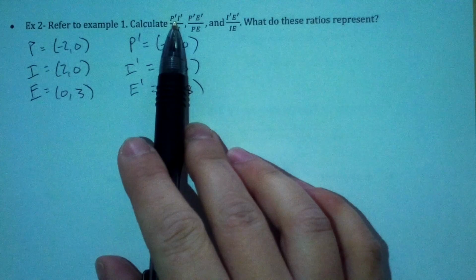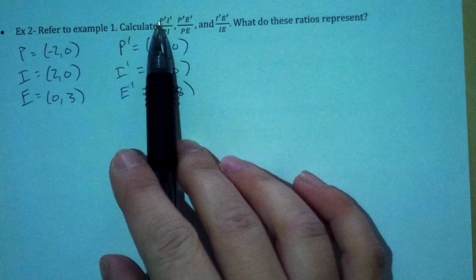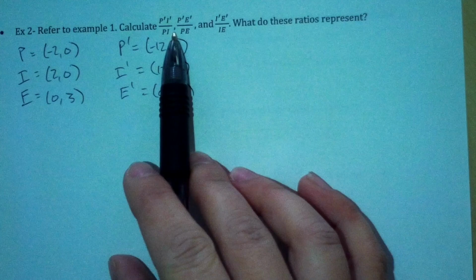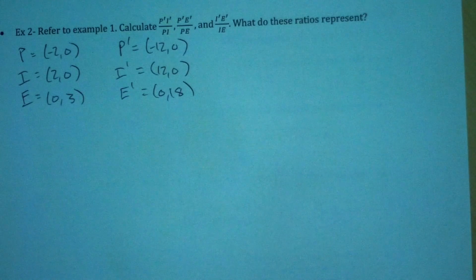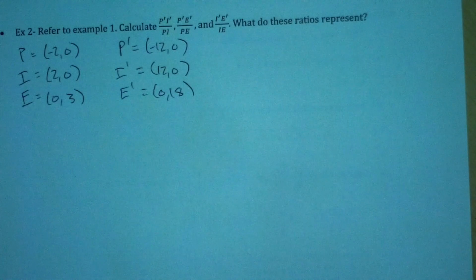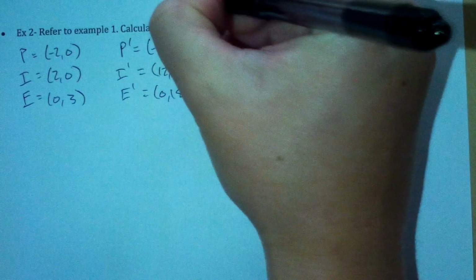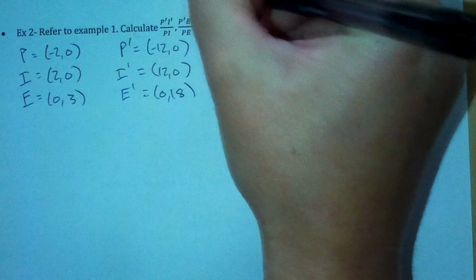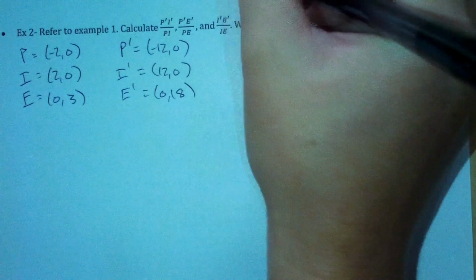The y part is just 0 squared, which is 0. So we have -24 squared, which I don't know off the top of my head: 576. Then we add that to our 0, and it's still the same. Then if we square root it, what's it going to go back to? 24, right? So our distance from P prime to I prime would be 24.